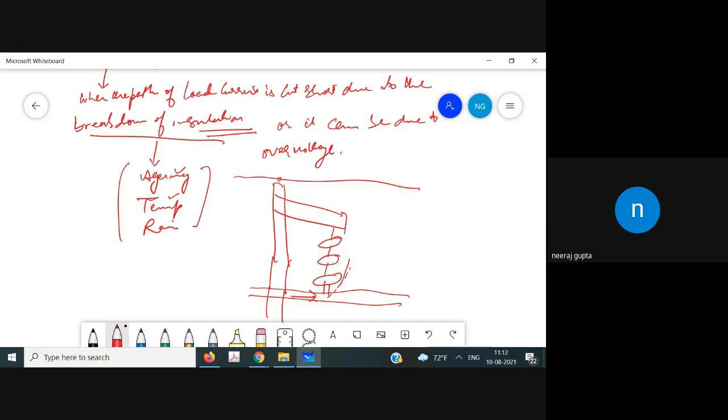So this is the fault arc. The arc is struck due to the temperature effects, the rain, or some foreign objects, and then the current will flow through this. This is the fault arc in this case.